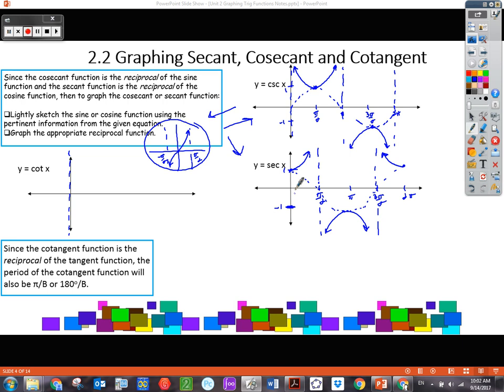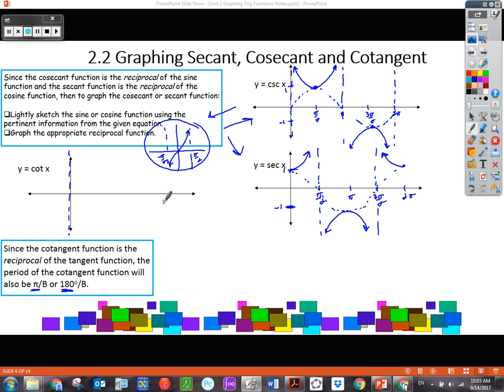Like this one, the side is at the origin, but this one, his middle is there, so it just makes it a bit harder. But for cotangent and tangent, we have to remember that the normal period is pi or 180, unlike our little friends cosecant and secant, whose period is 360 or 2 pi.